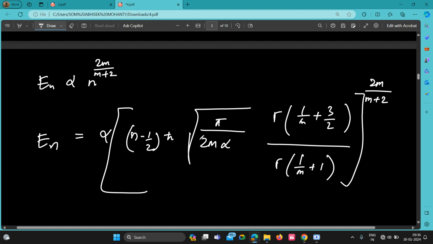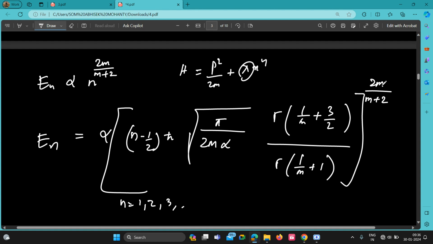According to you, if n starts from 1, 2, 3, 4, this formula is right. h cut root of pi by 2m alpha. This alpha is the one that is given in the question. What is the question? The Hamiltonian is p square by 2m plus lambda x4. So this lambda is your alpha.